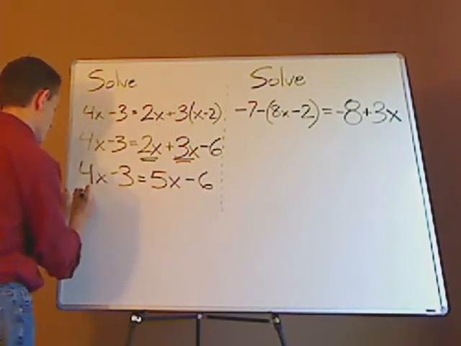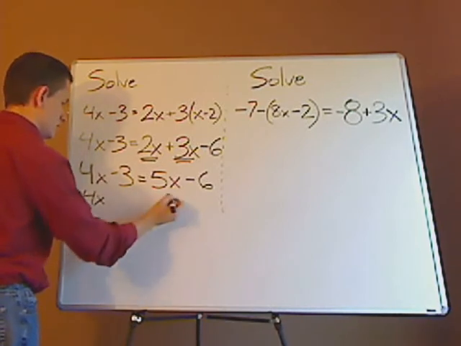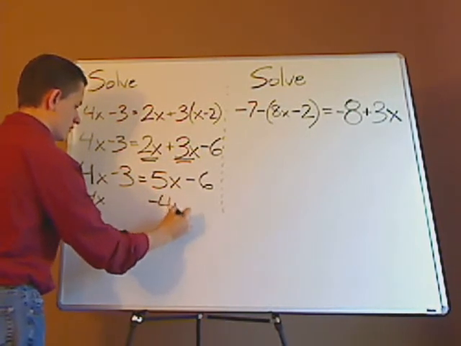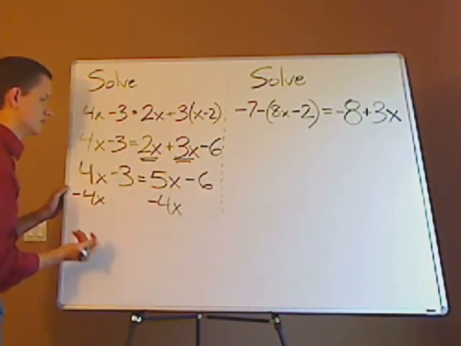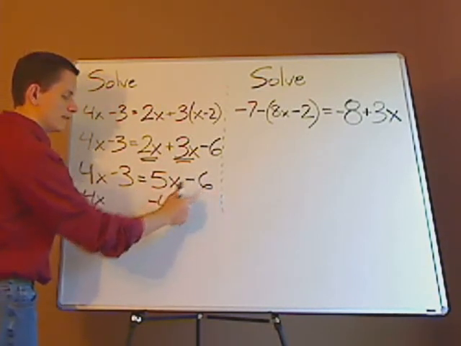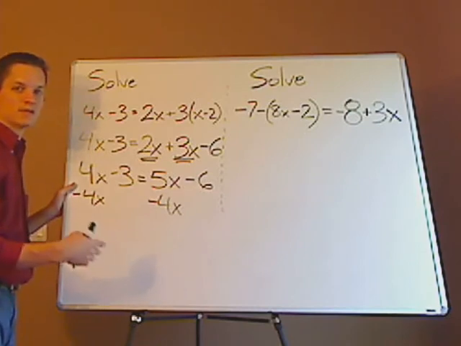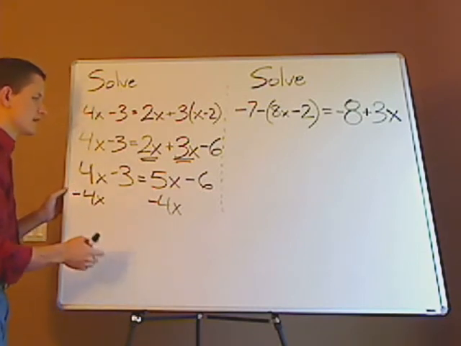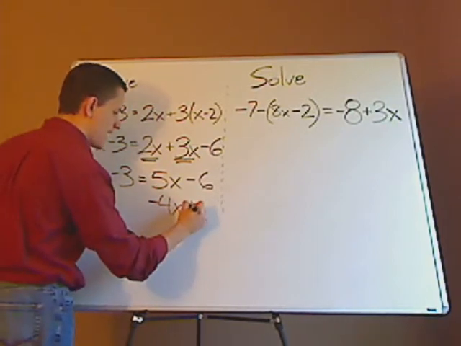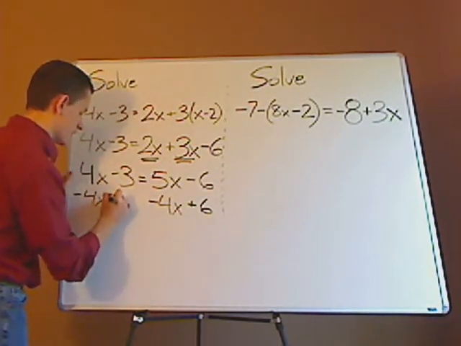So I'm going to move my variables to the left side, and I'm going to move my constants to the other side. So I want to remove this minus 6. What's the opposite of subtracting 6? Right, so it would be adding 6. You would add 6 to both sides.